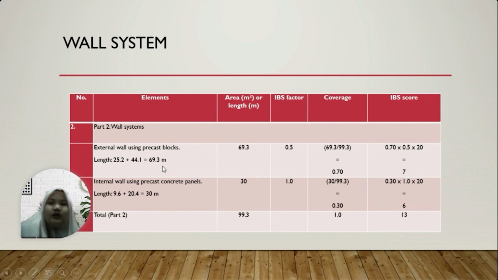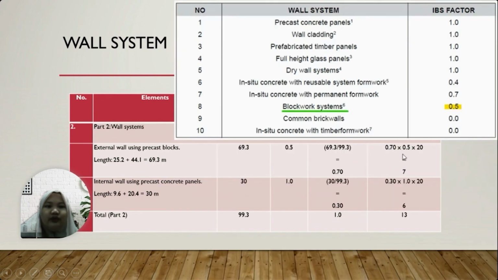For the wall system, we must total up the length of the wall from the ground floor and the first floor. For the external wall, we take 96.3 divided by the total, which is the sum of external and internal wall, so we get 0.7. Then 0.7 times the factor 0.5 because we use block work system, times 20, the weightage for the wall system, so we get 7 for the score.